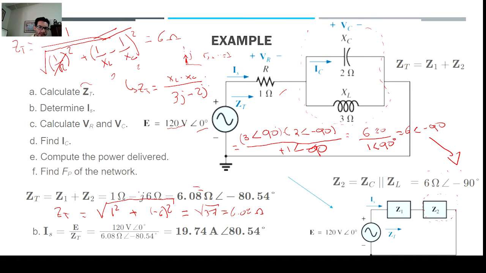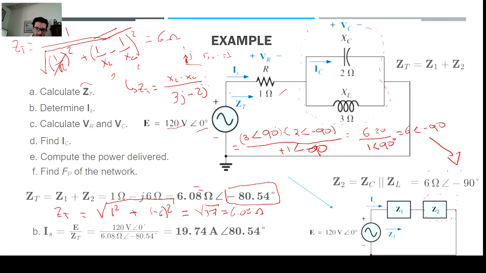Notice that since we had a negative phase shift, then we keep the negative phase shift. Okay, so it's negative 80.54, and the way to compute that is simply, let me check something here. Correct.